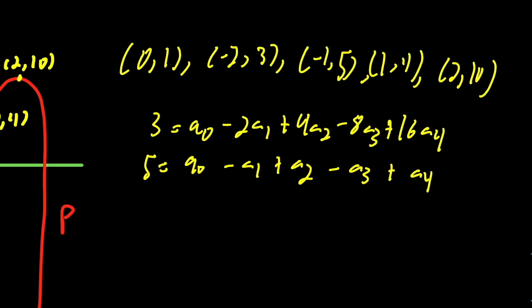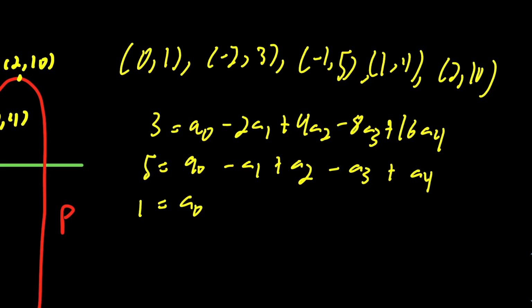Now let's move on to when x is 0. When x is 0, p of x equal to 1, and we just get a naught, because 0 times anything is 0, right?